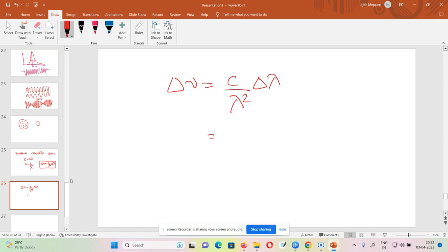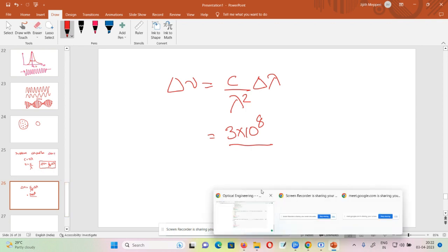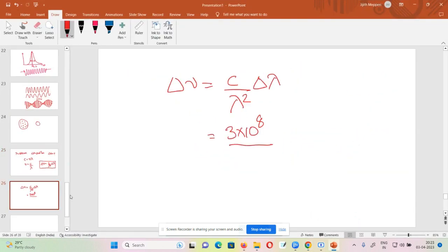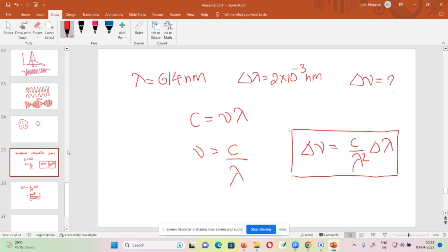Now, what is the value of c? The value of c is 3 into 10 raised to 8, divided by lambda square. Lambda is 614 nanometer, that is 614 into 10 raised to minus 9, squared, into delta lambda.